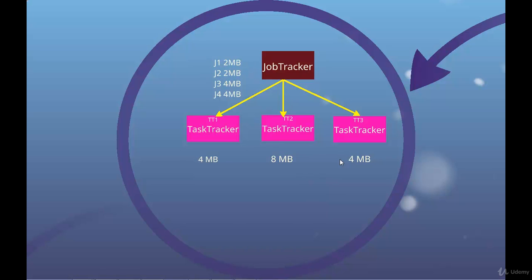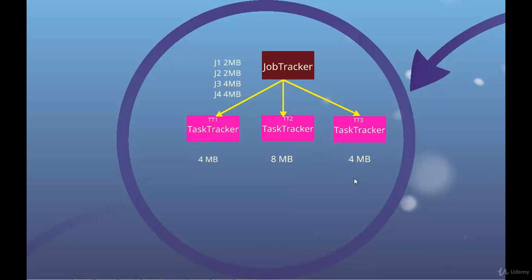Now let's assume job tracker has knowledge of memory existing with its task trackers. So let's say it keeps map TT1 totally 4 MB available, TT2 8 MB available, TT3 4 MB available.